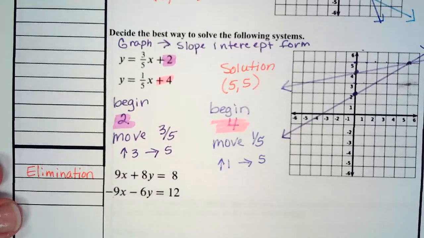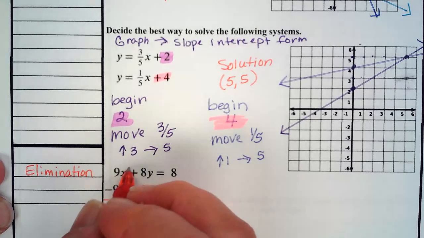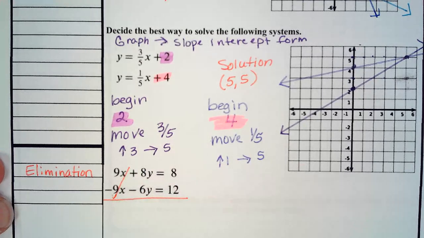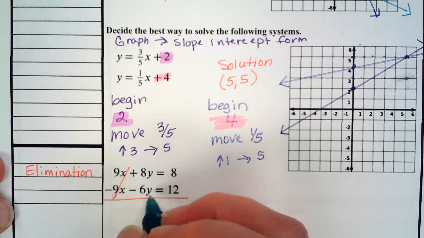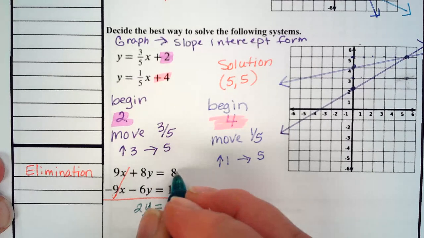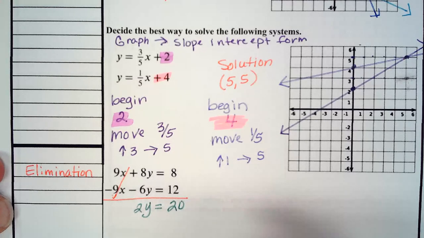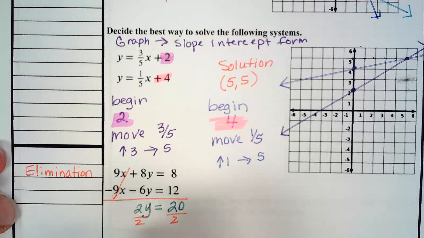I just have to add straight down. This term is gone. 8y minus 6y is 2y. 8 plus 12 is 20. 2y equals 20. I'll divide both sides by 2. And y equals 10.